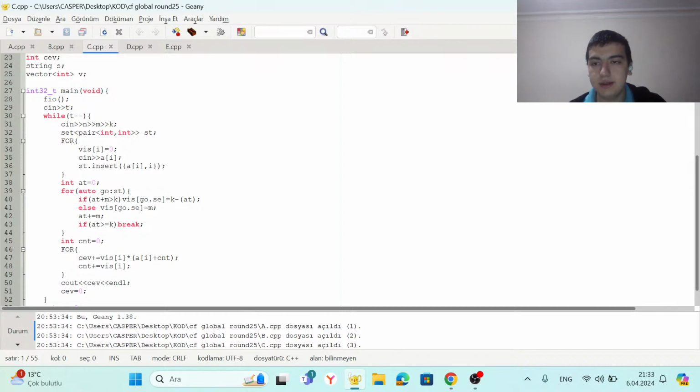Firstly, I have read the three inputs N, M, and K. After that, I have inserted all the elements with their indexes into a set, because I want to find the minimum indexes so that I can choose that day to buy tickets.